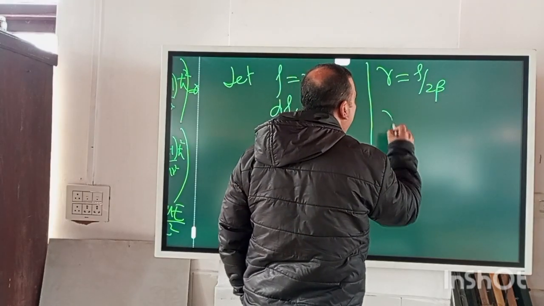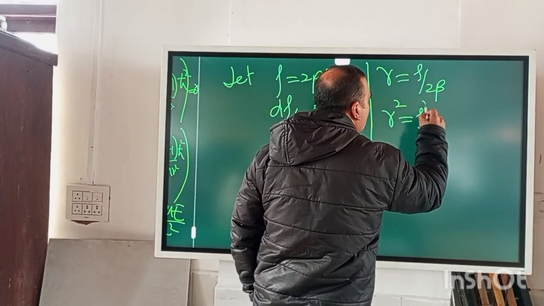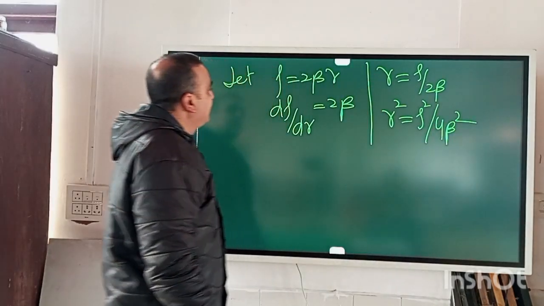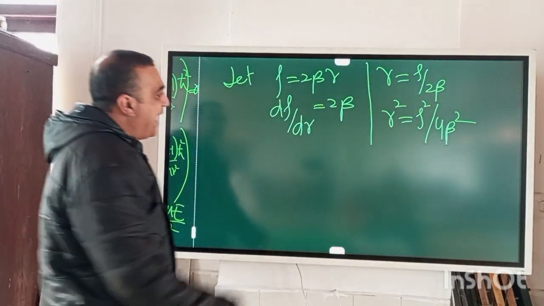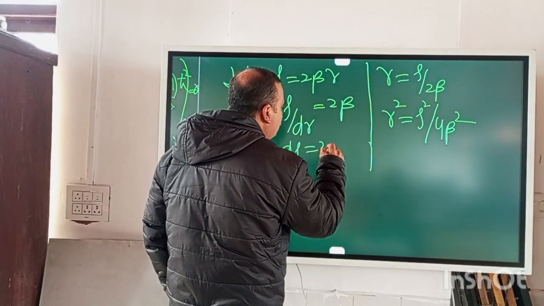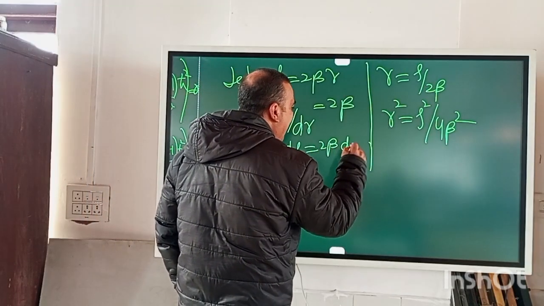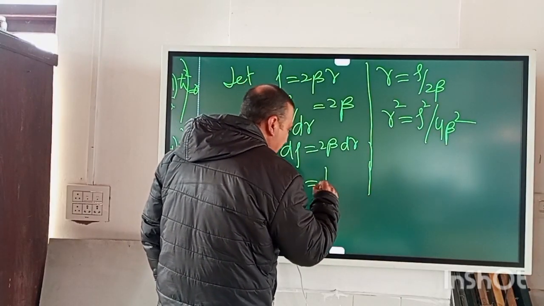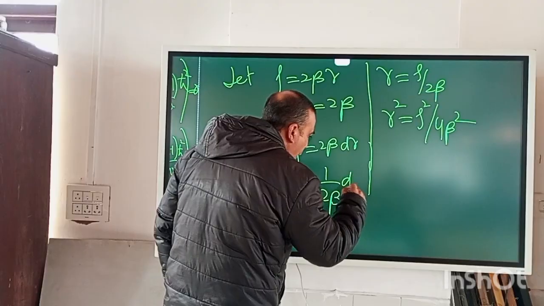You can also think of r square as rho square by 4 beta square. Is this clear? And d rho is 2 beta dr, or you can also think of dr as 1 by 2 beta d rho.